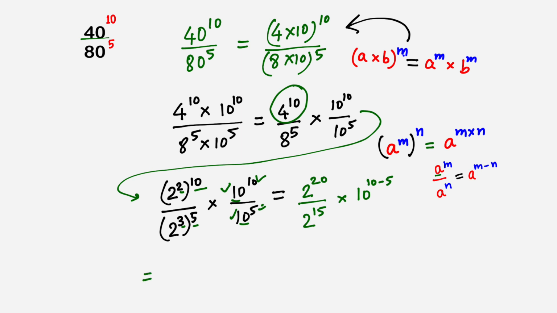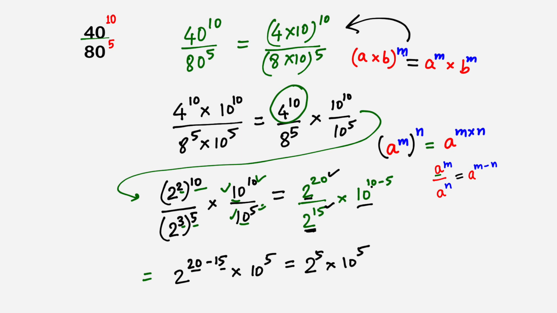Again in 2 the base is the same, so we subtract the exponents: 20 minus 15, multiplied by 10 raised to the power 10 minus 5. So we have 2 raised to the power 20 minus 15 is 5, and 10 raised to the power 5.